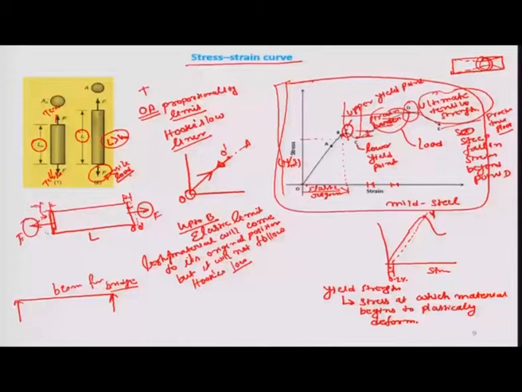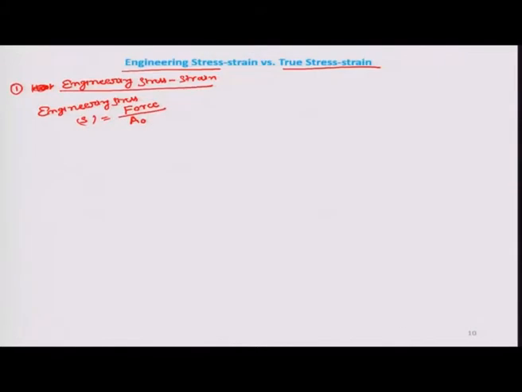Here the cross sectional area is A naught and the force is F. So engineering stress is F by A naught, where A naught is the original cross sectional area before applying any load, and engineering strain is defined as the change in length due to applied load divided by the original length.